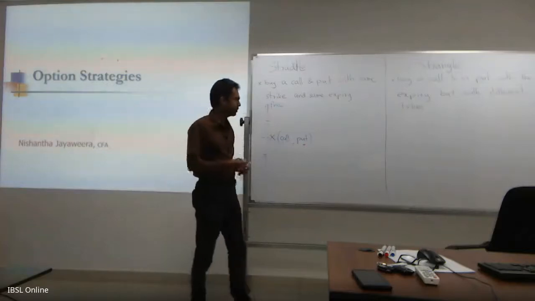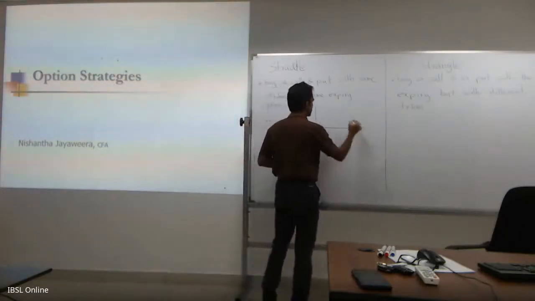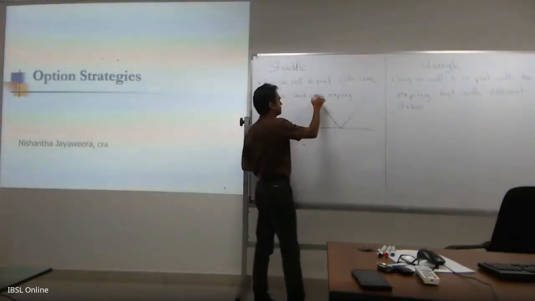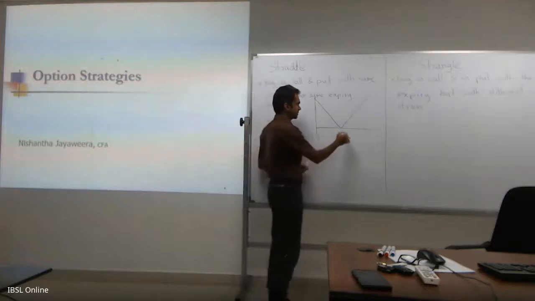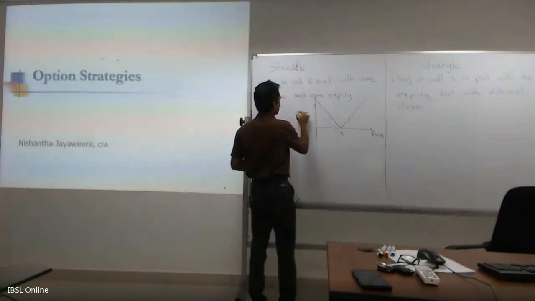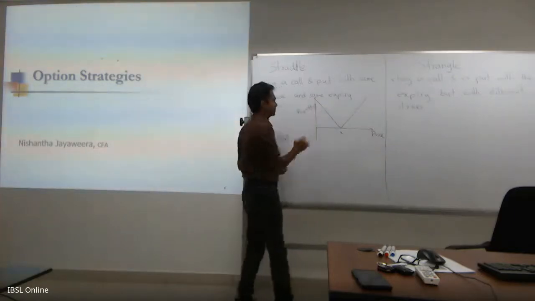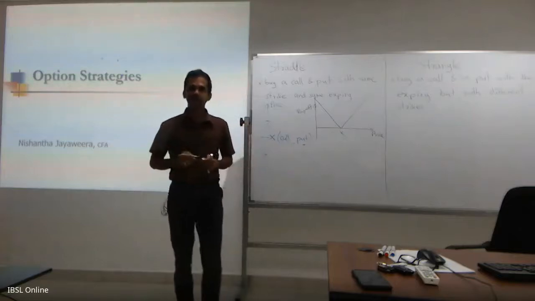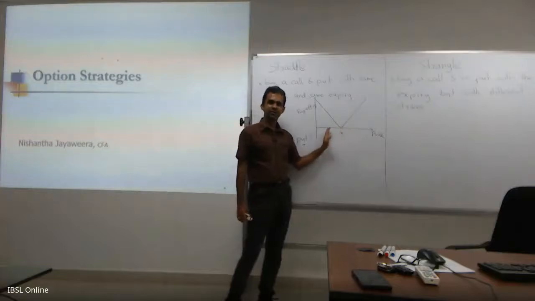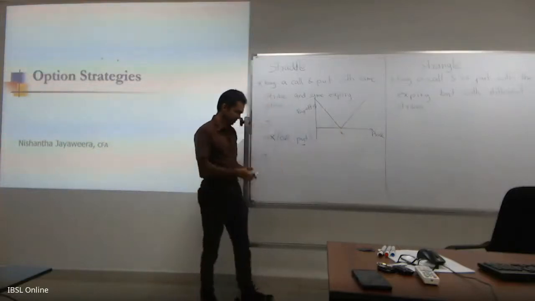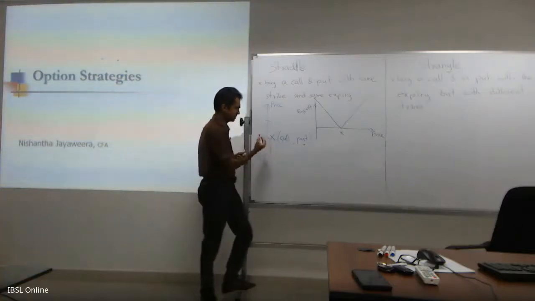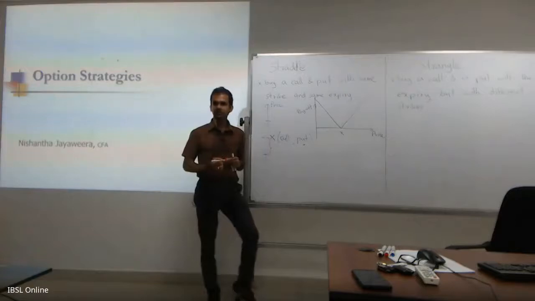So the payoff diagram will be like this. This is the strike. This is the price. This is the payoff, not the profit. When the price remains below, you exercise your put option and you get this difference as the payoff.